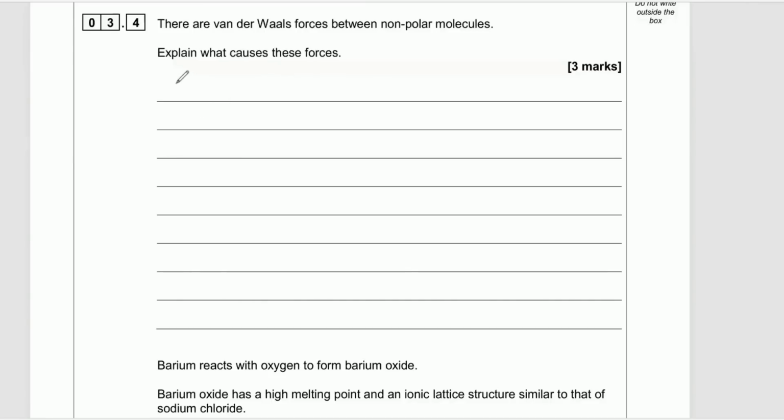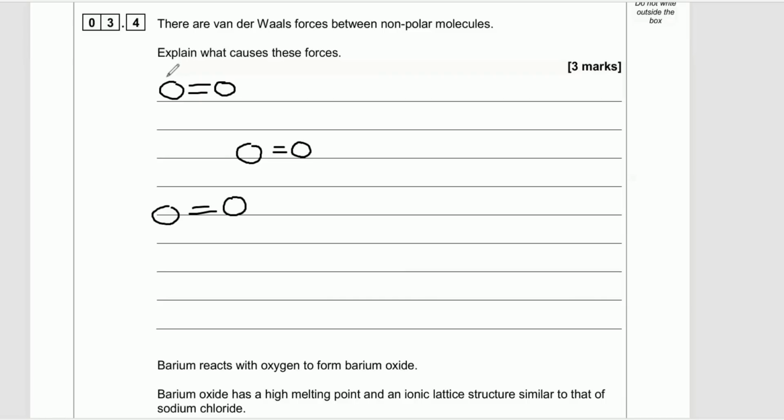So let's take a look at a non-polar molecule, oxygen. Why do we get temporary dipole-dipole forces in oxygen?